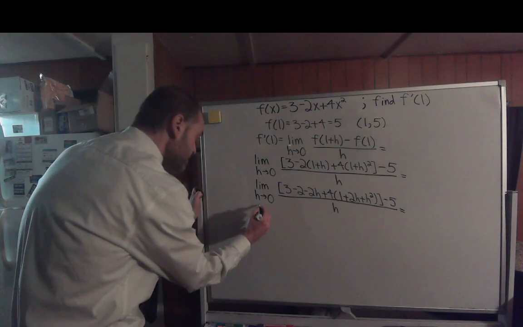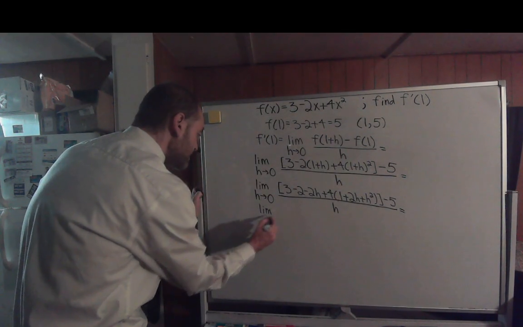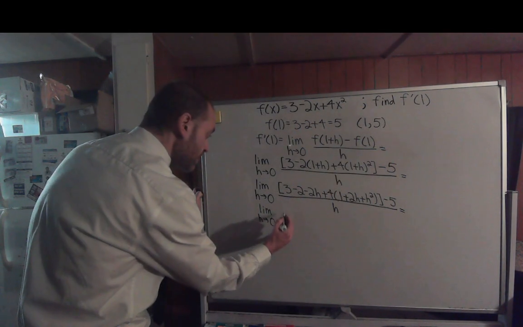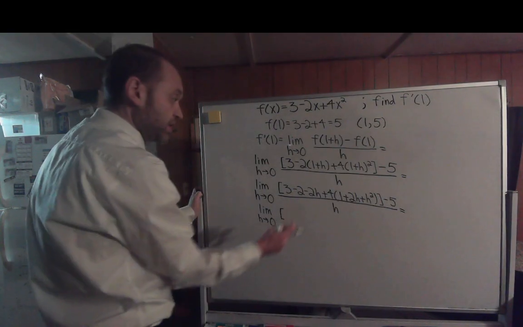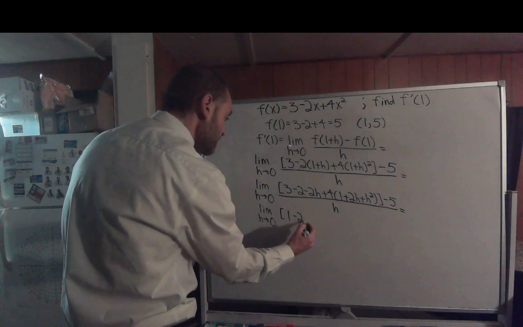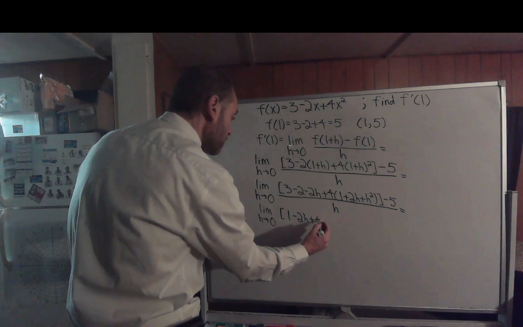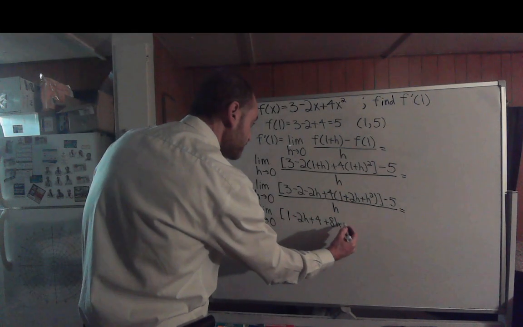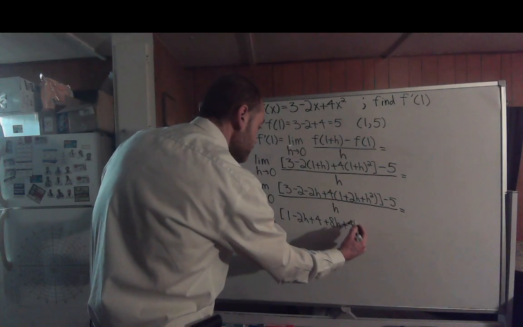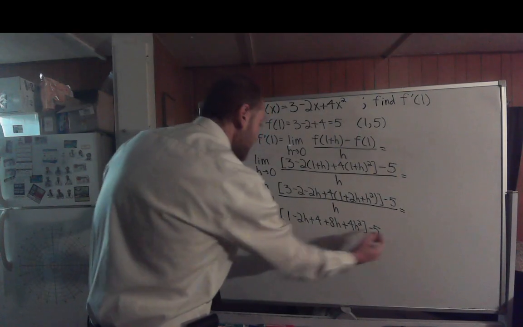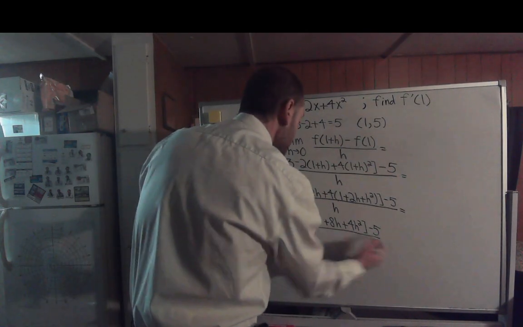Well, this would then turn into the limit as h approaches 0. If we clean this up a bit, 3 minus 2 is 1, minus 2h plus 4 plus 8h plus 4h squared minus 5, all over h.